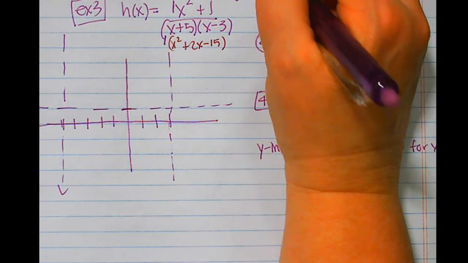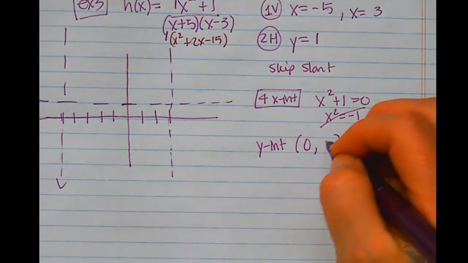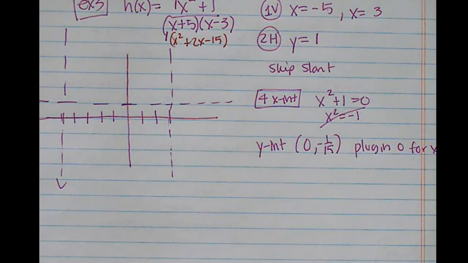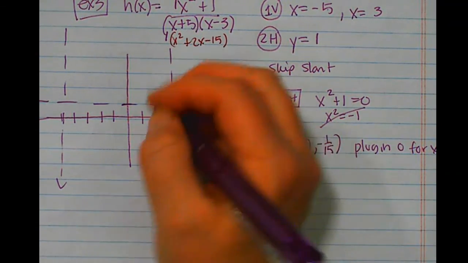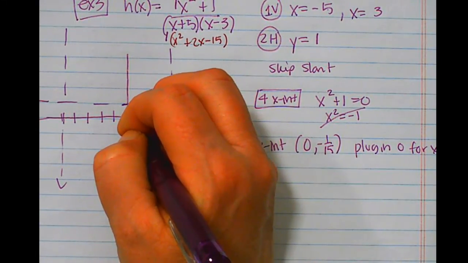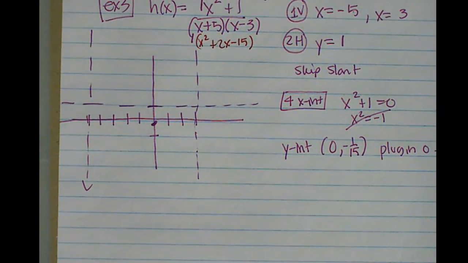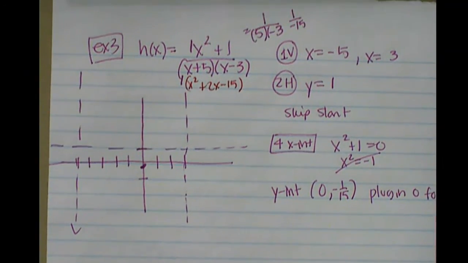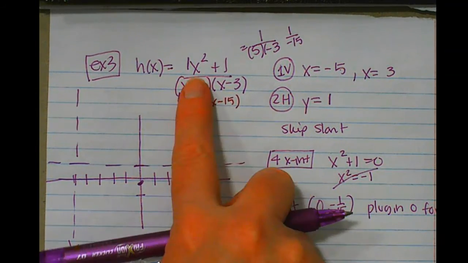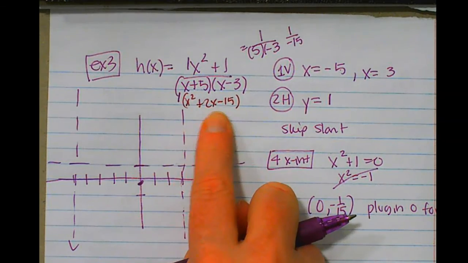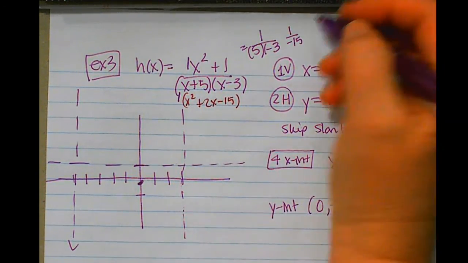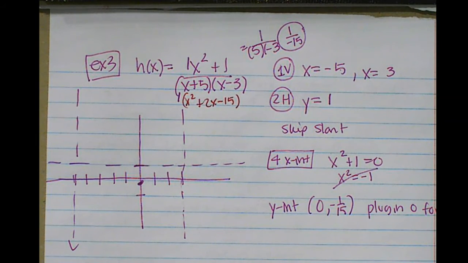That's going to be negative 1/15. And the reason I want that is because it tells me where I'm going to hit on the y-axis. And if this is 1, this is negative 1/15. It's really close to the x-axis, but not quite. If we plug in 0, we get 1. If we plug in 0 in the bottom, we get negative 15. So negative 1/15 was our y-intercept.